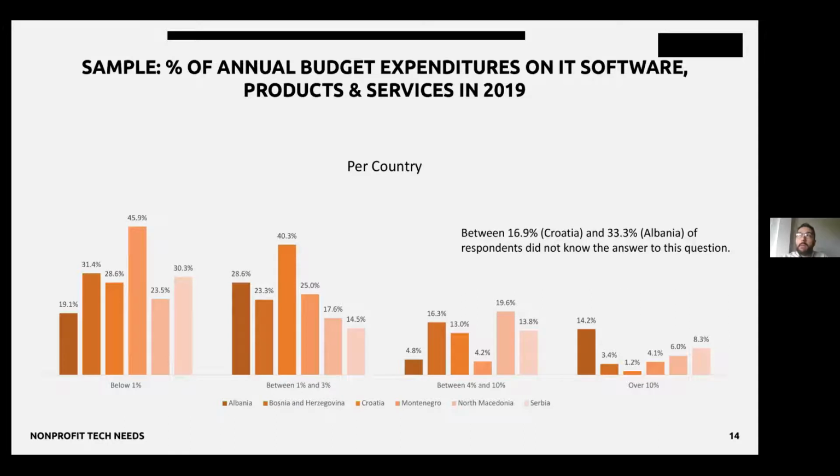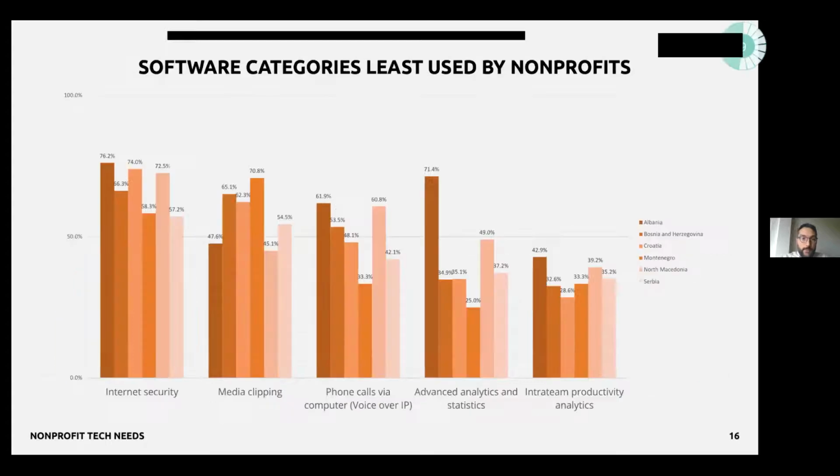We don't have this culture of thinking of using money for intellectual property like software as an important part. We see it as unnecessary. So even when it comes to hardware, organizations are much more ready to spend on hardware, buying laptops or computers and gadgets, and buying software less so.